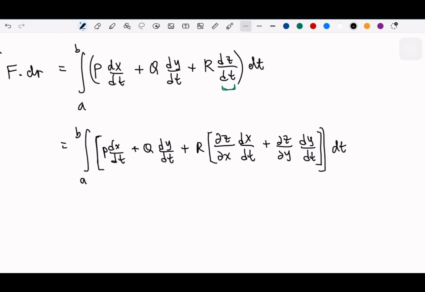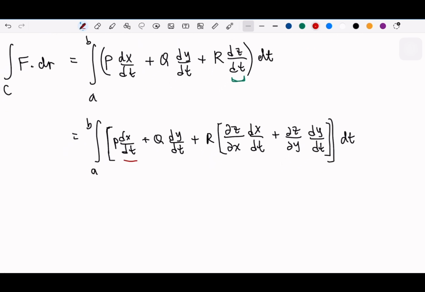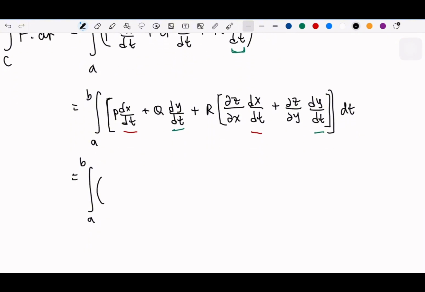Now the next part is we are going to combine dx/dt and dy/dt. Basically, we are grouping together and trying to simplify. So this will be the integral from a to b of P plus R dou z dou x, and this will be multiplied by dx/dt. I hope you remember why one is d and the other one is partial.